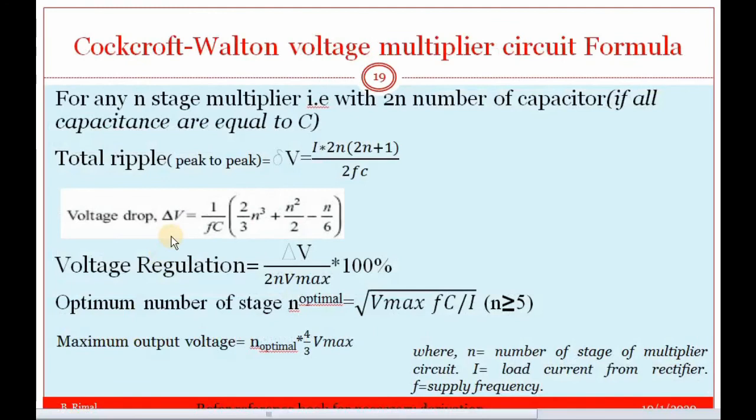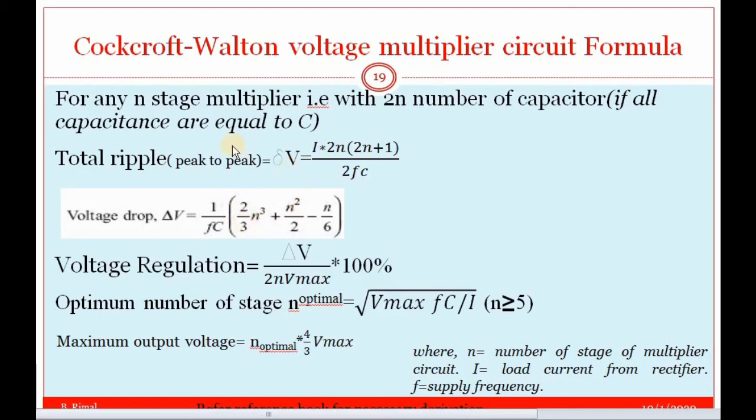For Cockcroft-Walton voltage multiplier circuit, we can derive the total ripple value, that would be equal to I into 2n times (2n plus 1) by 2fC, and similarly voltage drop would be as mentioned in this equation.